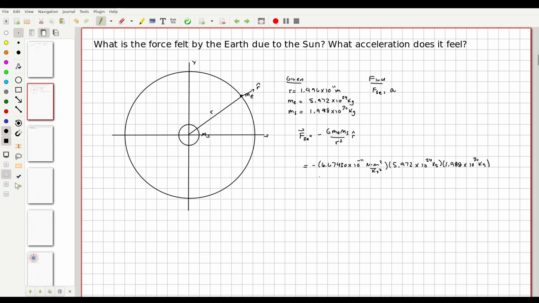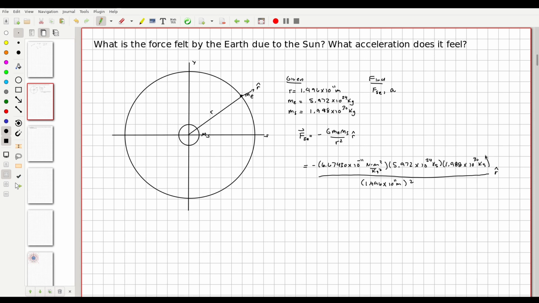And then we're dividing this by the distance squared, which is 1.496 times 10 to the 11th meters. And again, this is in the r hat direction.